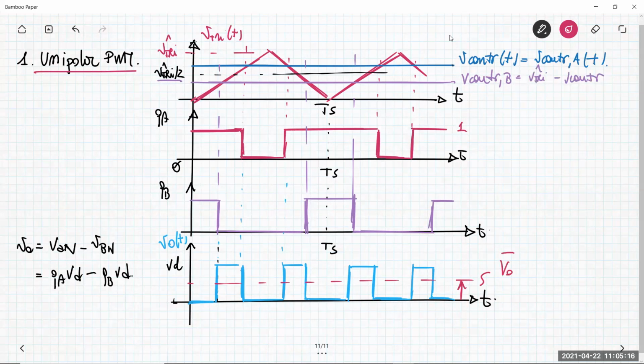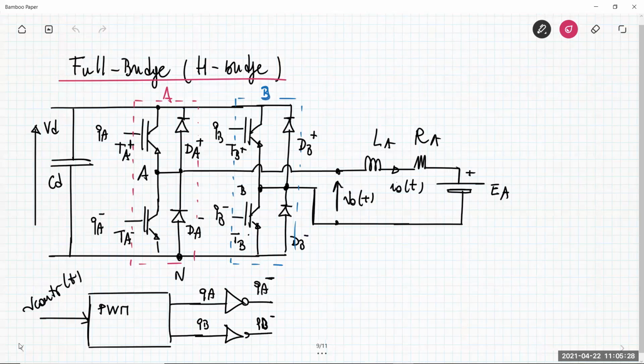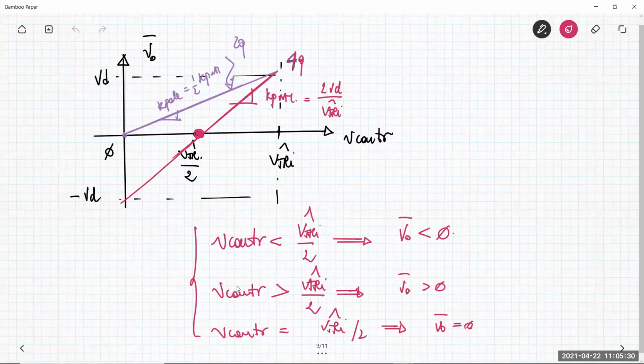V naught is positive, according to this construction. Is it something that surprises us or not? Since what I said here is that when the control voltage is larger than half the value of the triangular waveform peak, then the average value of the V naught waveform must be positive.